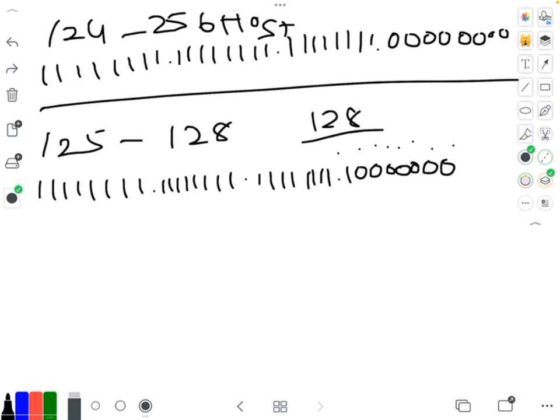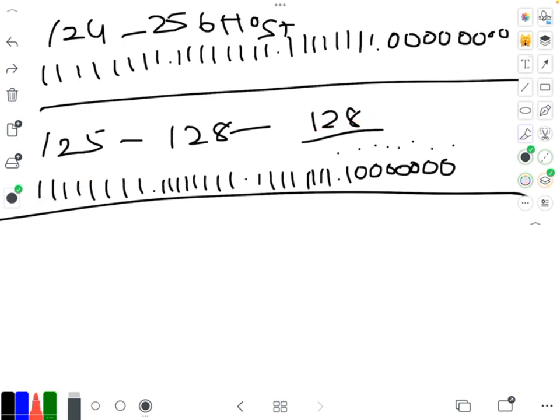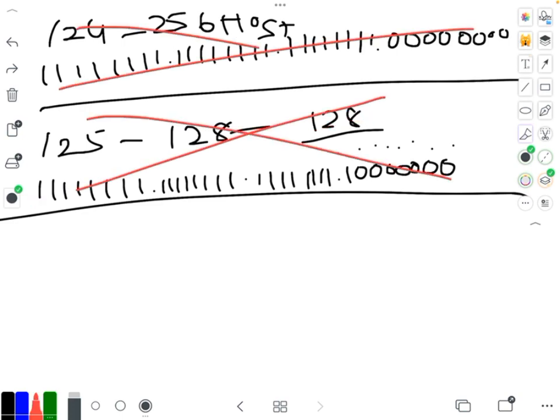So this one here is 128, and we just borrowed that one bit, so we get 128 hosts. Obviously this is not the one that we need. So now let's try and borrow another one.